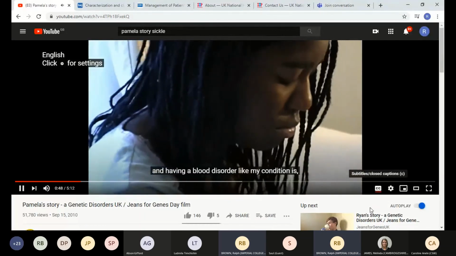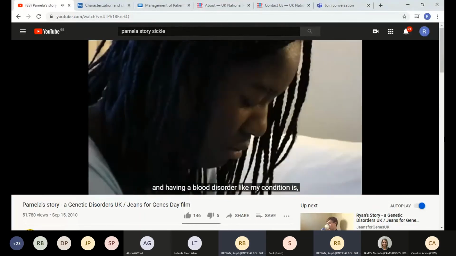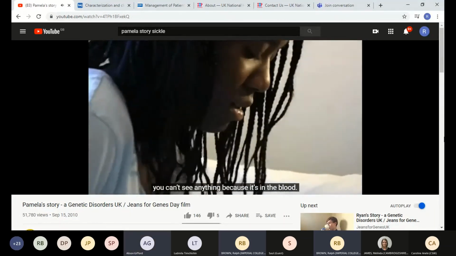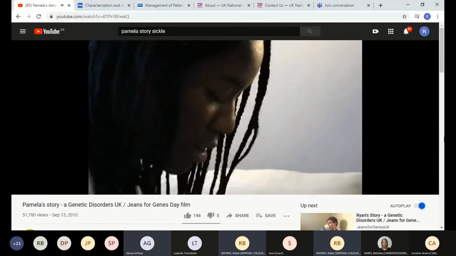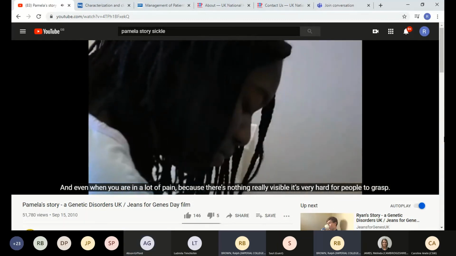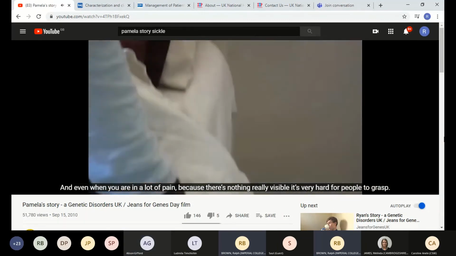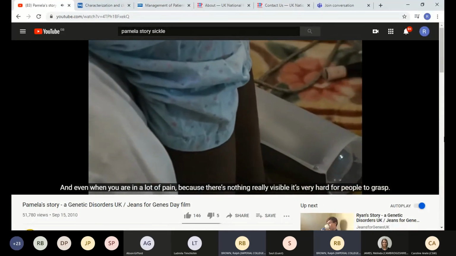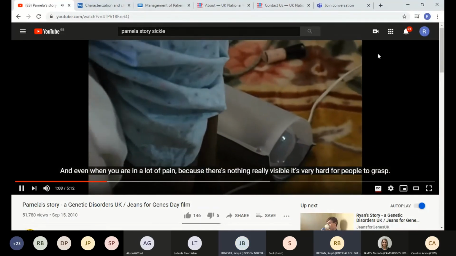And having a blood disorder like my condition is, you can't see anything because it's in the blood, and even if you are in a lot of pain, because there's nothing really visible, it is very hard for people to grasp.